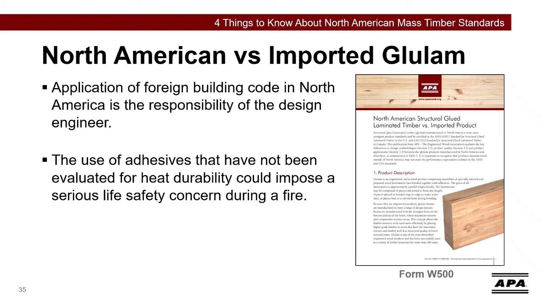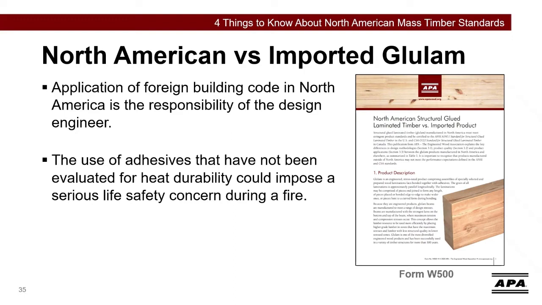If you're considering using imported Glulam products, it's important to evaluate all its characteristics closely. Products manufactured outside of North America may not meet the stringent standards of A190.1 relating to adhesive, heat durability, fire performance, quality assurance, and third-party certification.